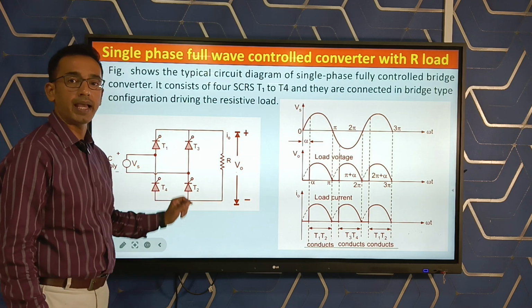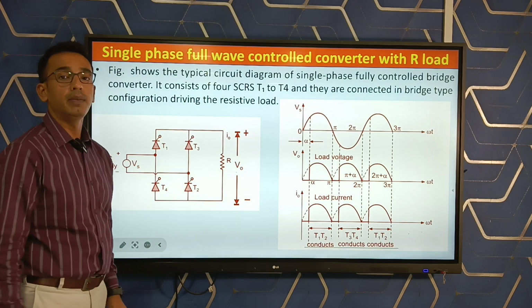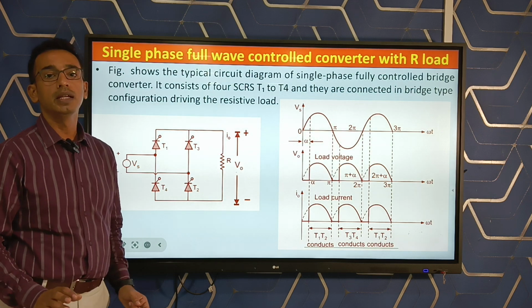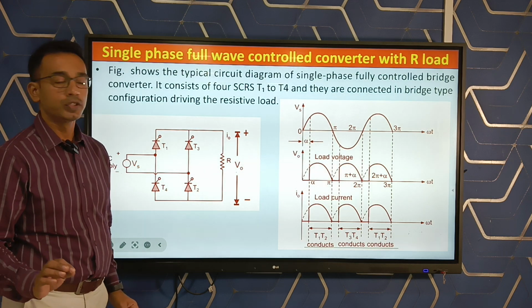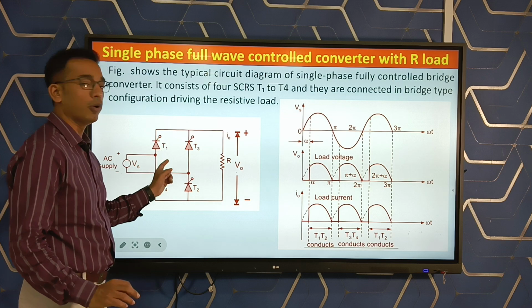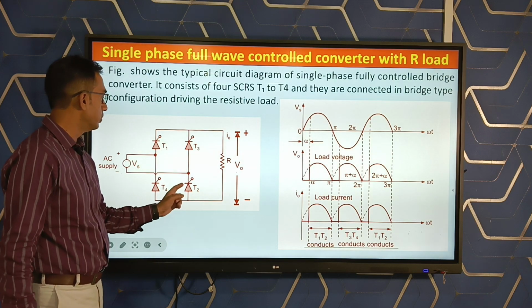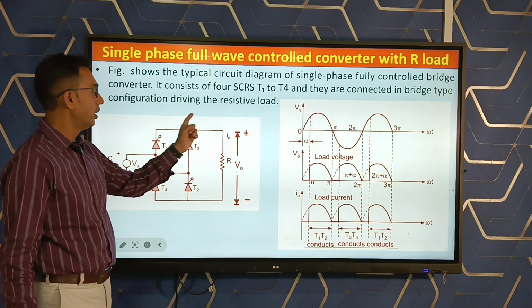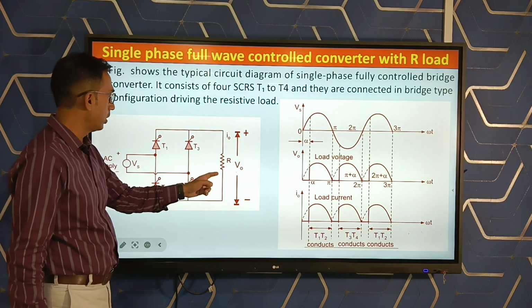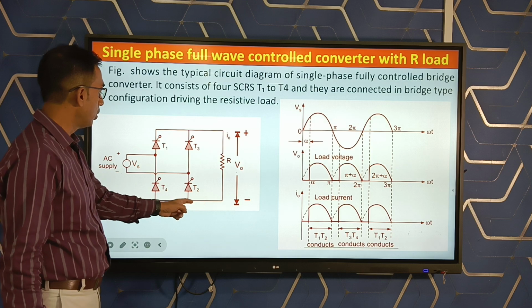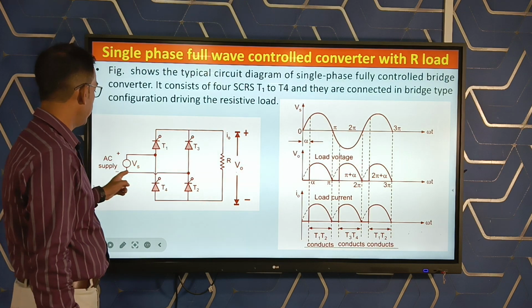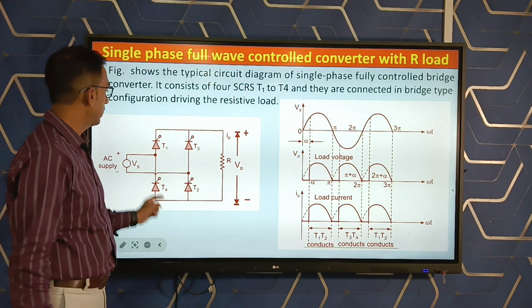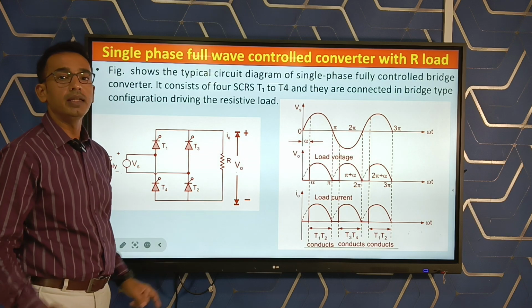T1 T2 is forward biased, T3 T4 is reverse biased. Reverse biased means the thyristor is not conducting, so we only get the output voltage through T1 and T2. The supply voltage is connected, so current flows from T1 to the resistive load, through the load, then through T2, and then back to the supply.